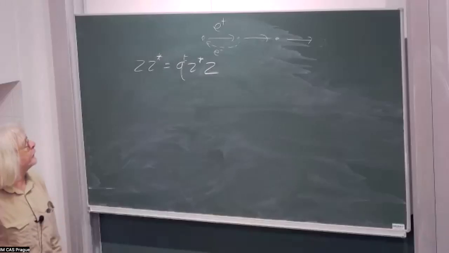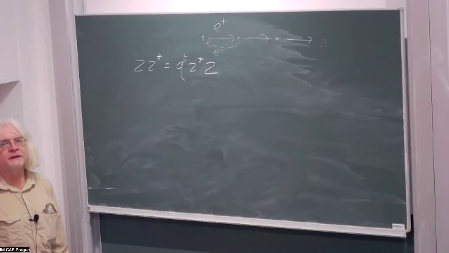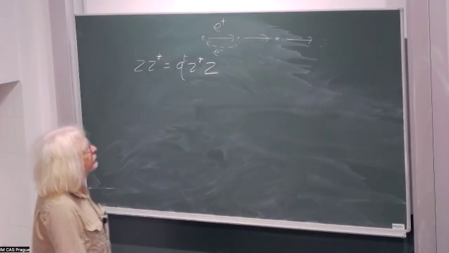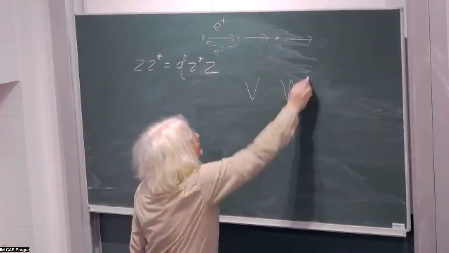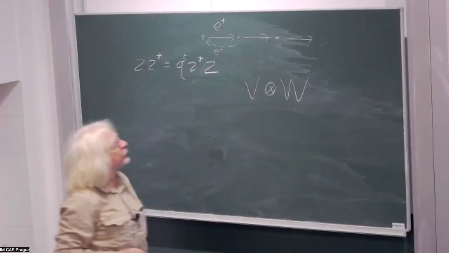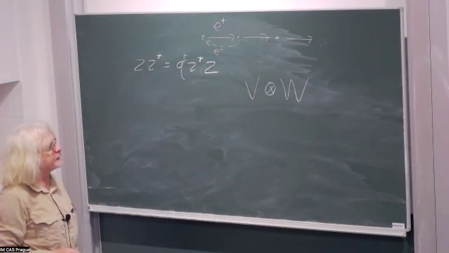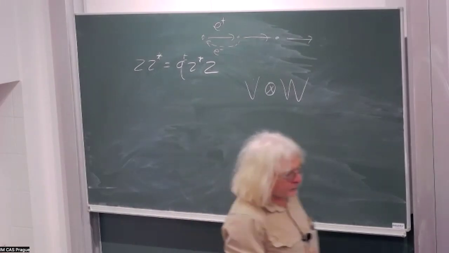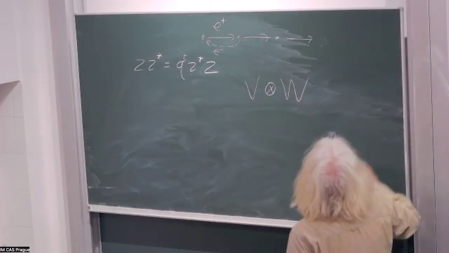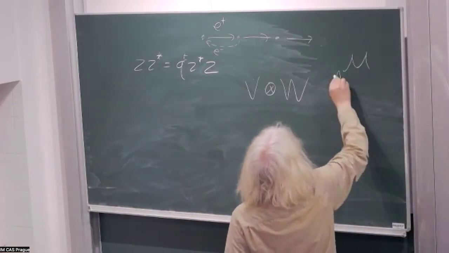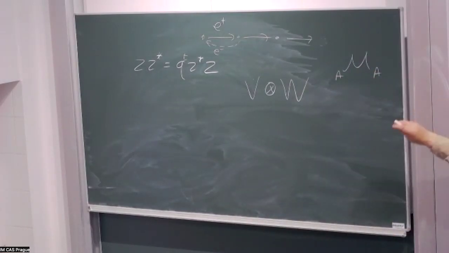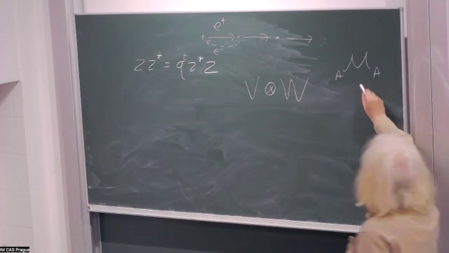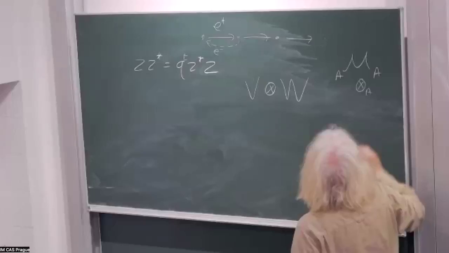So I want to talk about a braided monoidal category. So I guess I need to say a little bit about what a monoidal category is. A monoidal category will have objects and a tensor product operation between objects. The most popular ones to look at would be the bimodules over an algebra A, in which case we'd have a tensor product over A operation.